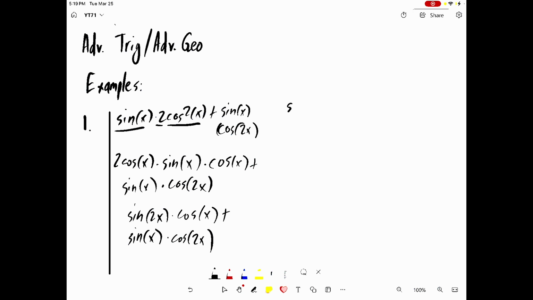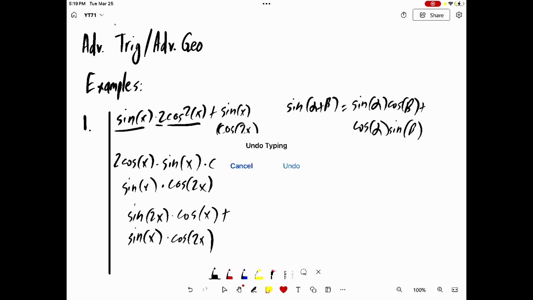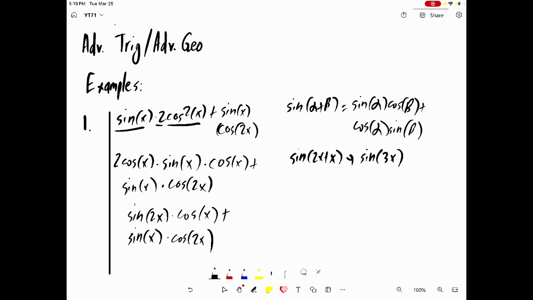Sine of alpha plus beta is equal to sine alpha cosine beta plus cosine alpha sine beta. If we have alpha as 2x and beta as x, it's going to be a pretty easy equation to solve. So we have sine of 2x plus x, which becomes sine of 3x.